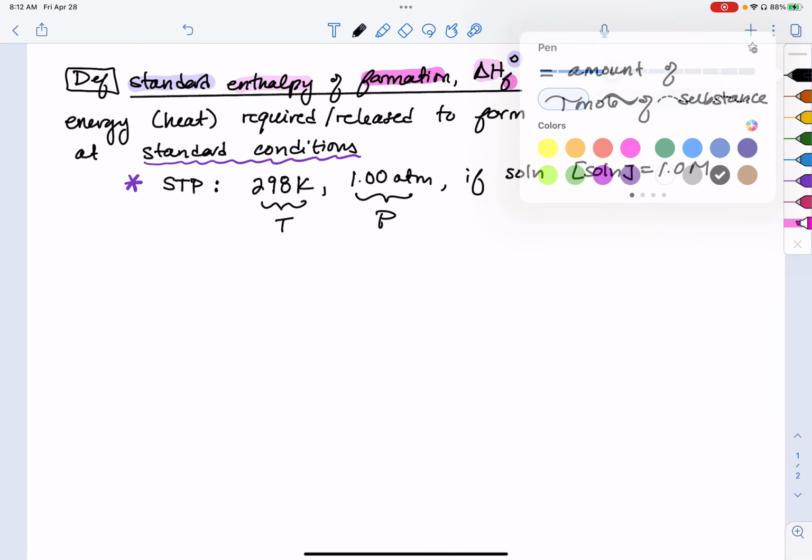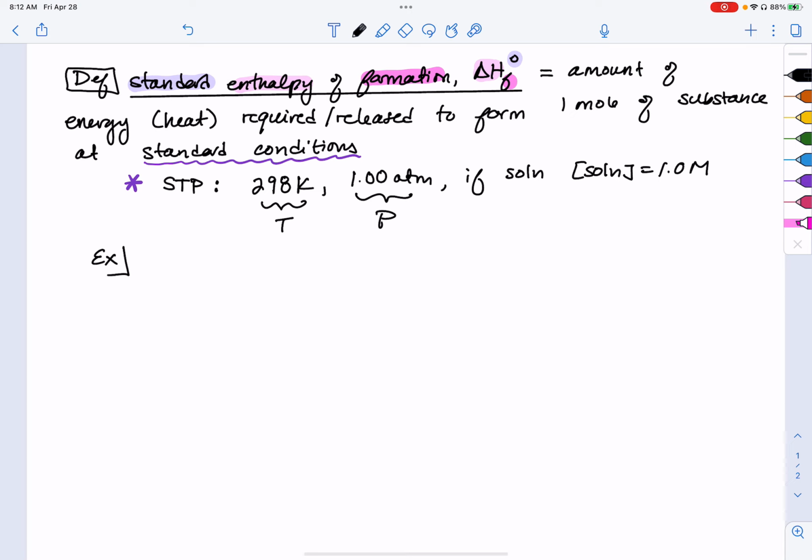So for example, let's look at how we might make something like sodium chloride from its constituent elements of sodium and chlorine. So if we were to look at sodium chloride's formation, we would look at the reaction of elemental sodium metal with chlorine gas, which is again one of our homonuclear diatomic elements, to form solid sodium chloride.